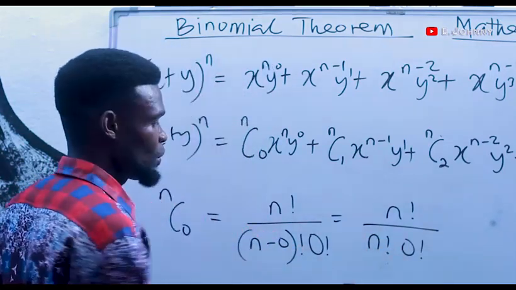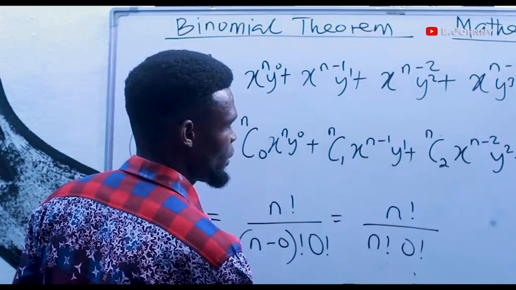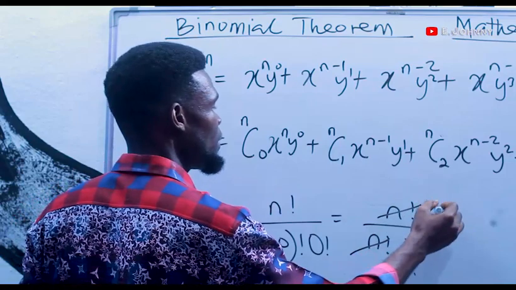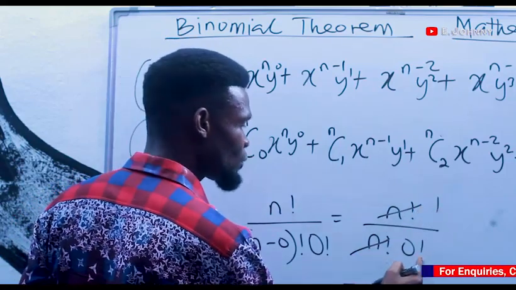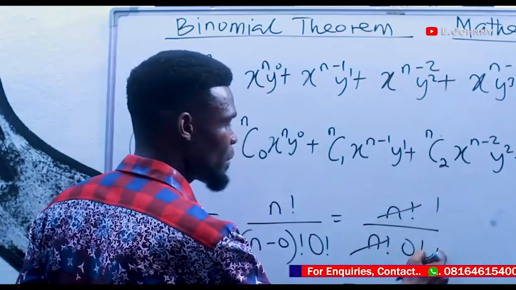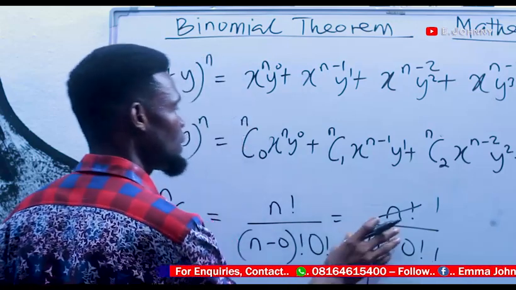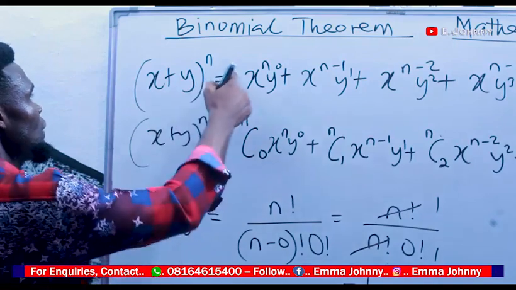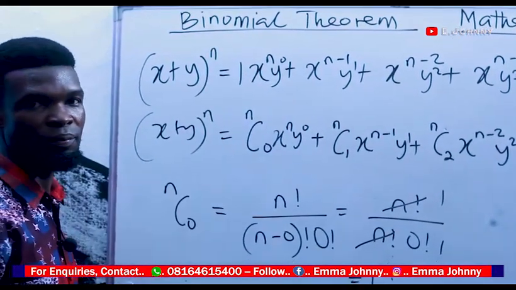The n factorial cancels, and in the numerator I'm left with 1. 0 factorial is 1, so 1 divided by 1 is 1. Therefore, everything is 1, so you can agree with me that the coefficient here is 1.